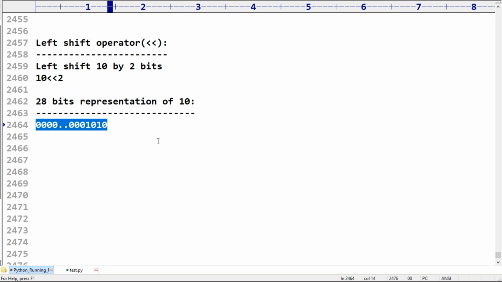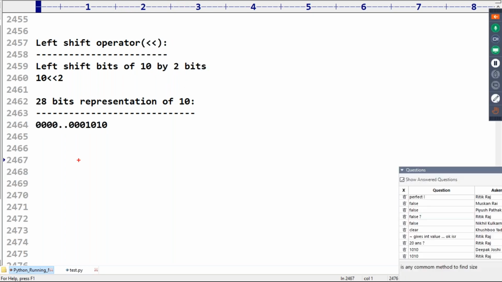The same thing that I explained for bitwise complement applies here. Now, left shift the bits of 10 by 2 bits. I have to move to the left. If I move to the left, this bit will become here, and this one here, two times, since left shift by 2 means moving two times.